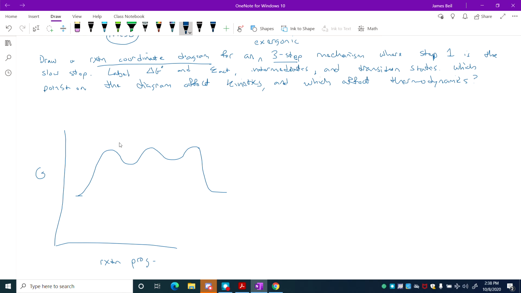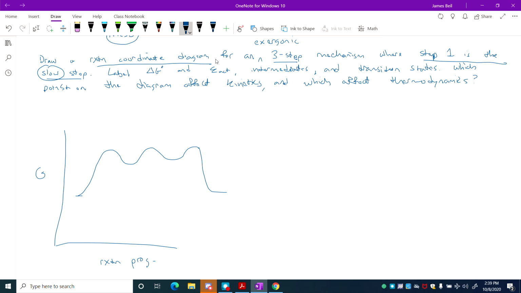So we've got to refine this using more information given. So I know there's 3 steps, and then it says that step 1 is the slow step. The slow step, what does that mean? That refers to the bottleneck of the process, or which step is really slowing the whole thing down.